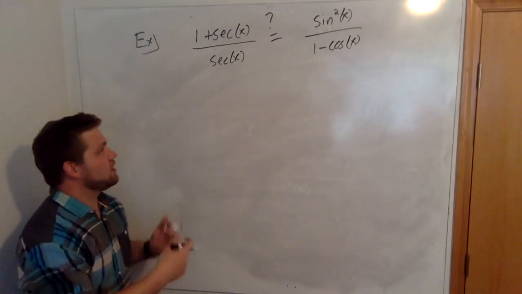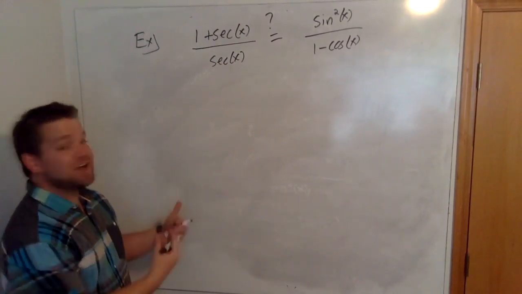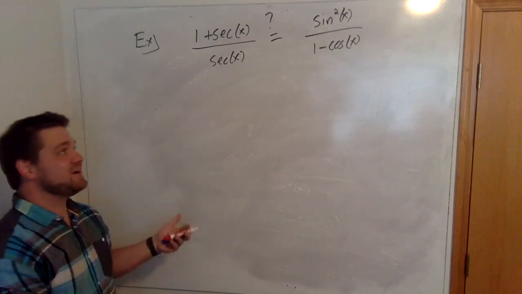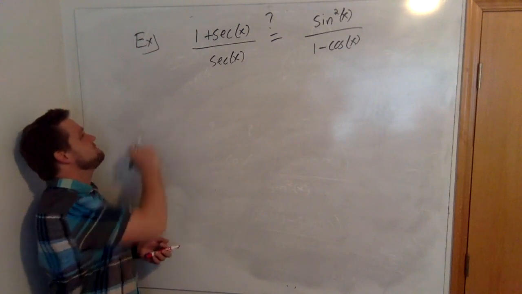There are a couple tricks I want to illustrate with this example, but I think it might be a good idea to pause the video and play around with it a little bit yourself before we do it together.